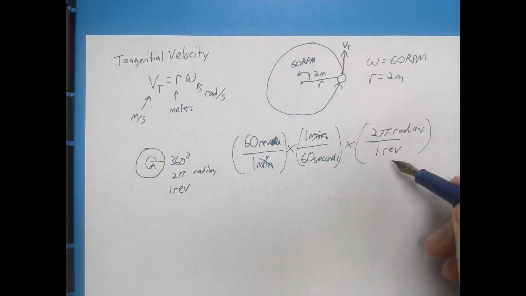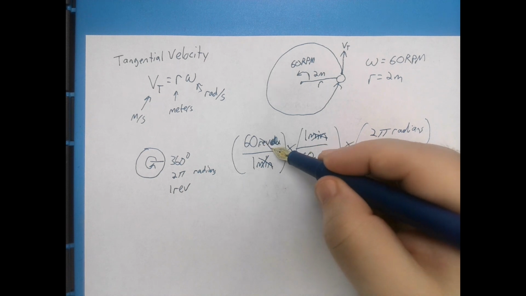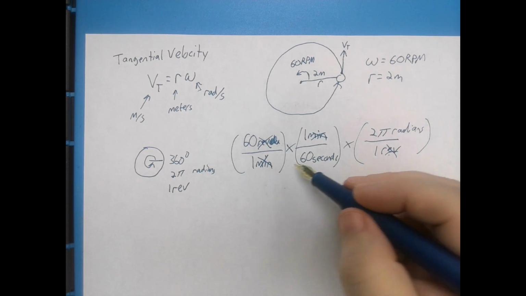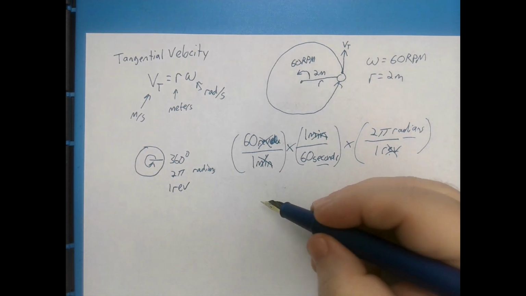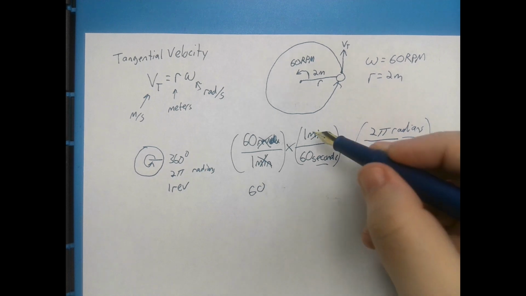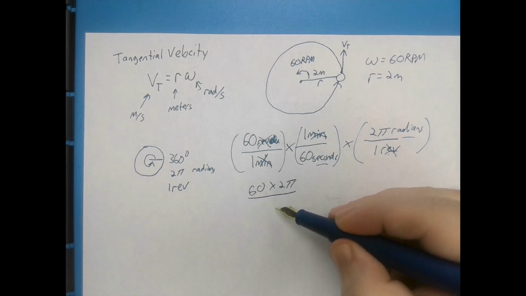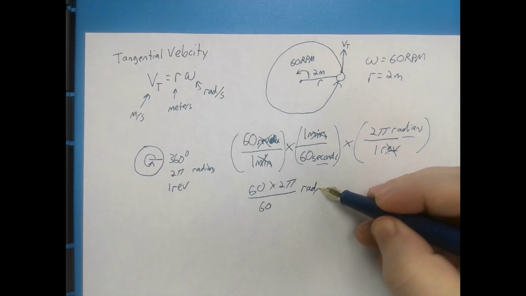A revolution divided by a revolution cancels each other out, leaving us with radians per second. So we get 60, you can ignore the ones, times 2 pi divided by 60, and this is in radians per second.